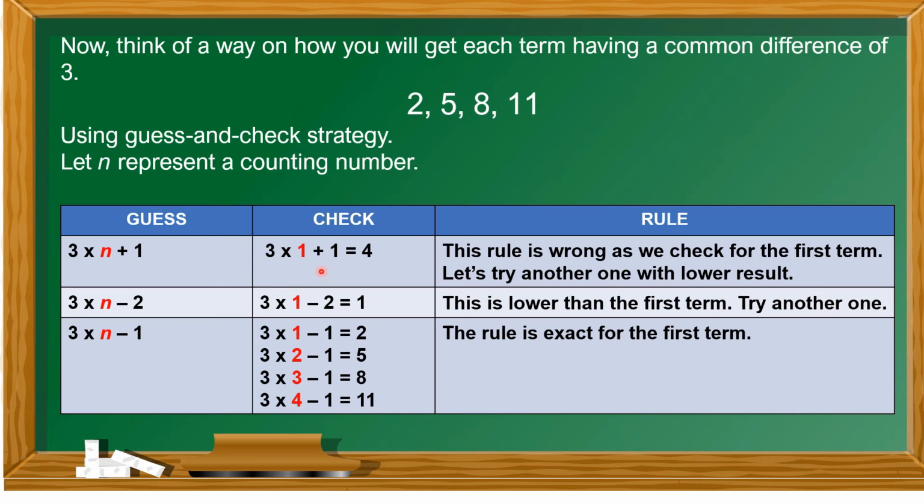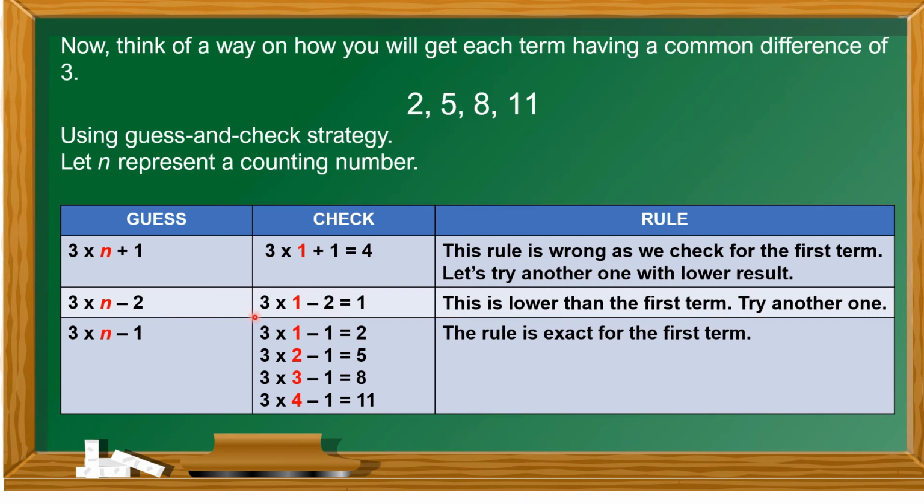3 times 1 plus 1 is equal to 4. 4 is greater than the first term, which is 2. Therefore, this rule is wrong as we check for the first term. Now, let's try another one with lower result. Let us guess if this 3 times n minus 2 nth term rule is correct.